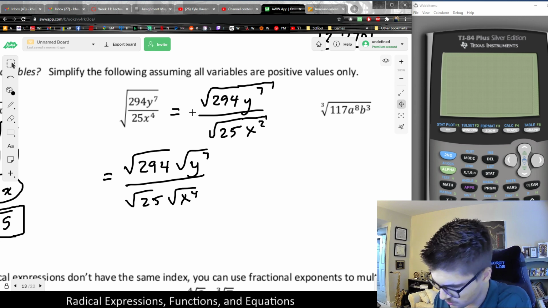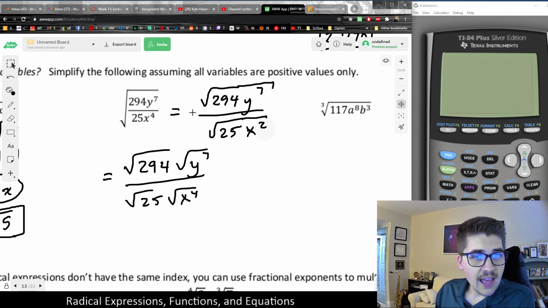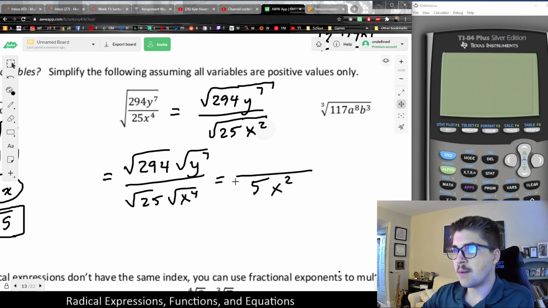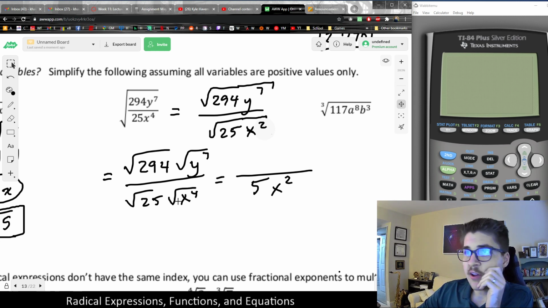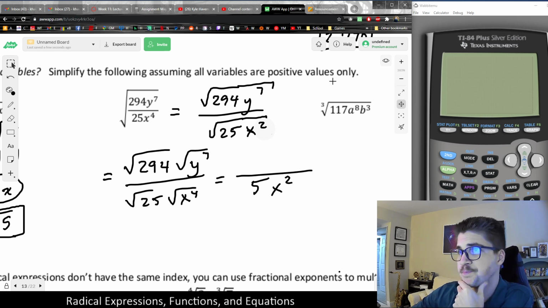For some reason I wrote squared there, I don't know why. Then think about each component separately. On the bottom, root 25 is just 5, and root x to the 4th is just x squared. Remember that you can simplify these by a fraction. This would be 4 over 2, which just makes 2. And again, technically it would be an absolute value, but we don't need to worry about that because the instructions say only dealing with positives.